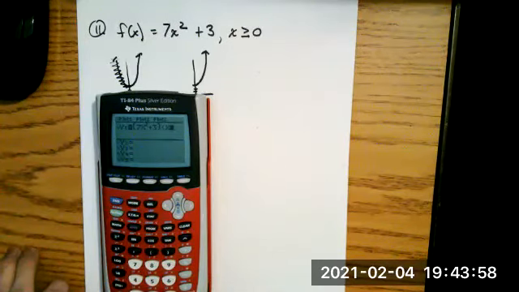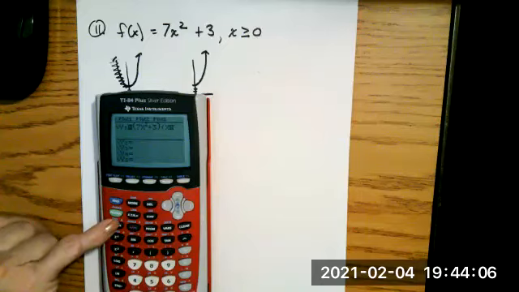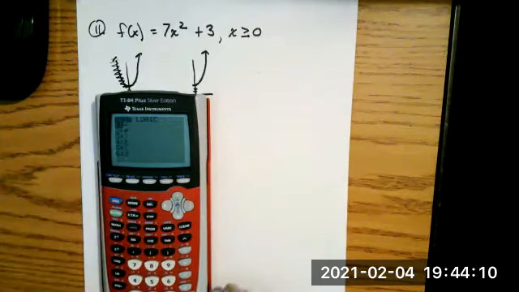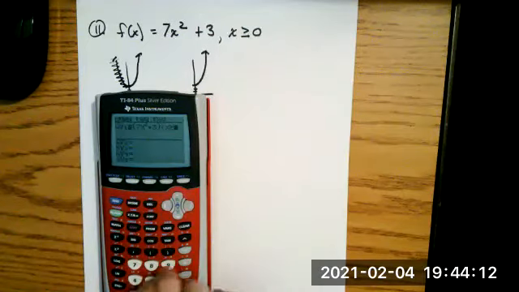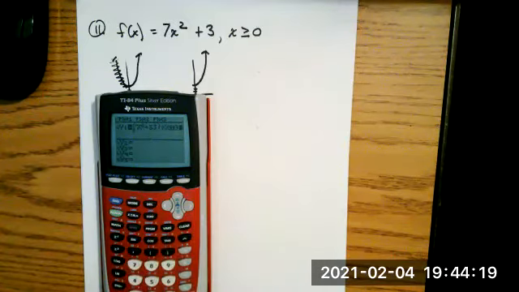Where is it? Second math. It has those symbols on there. If you hit second, math, it's number 4. So now I have x is greater than or equal to 0. And now when I graph it, it'll only graph one side of my parabola. Isn't that cool?